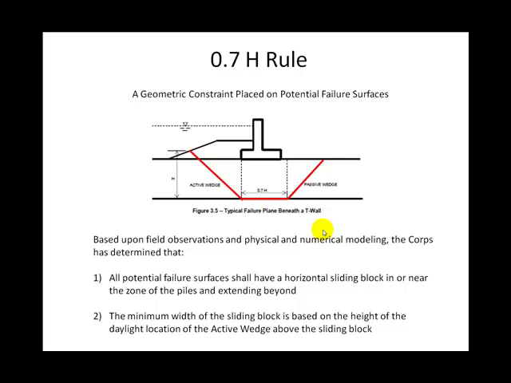Based on field observations and physical and numerical modeling, the Corps of Engineers has determined first that all potential failure surfaces should have a horizontal sliding block at or near the zone of the piles, and that sliding block should extend horizontally beyond the zone of the piles to the location of the critical passive wedge, and that the minimum width of the sliding block should be based on the height of the daylight location above the sliding block.